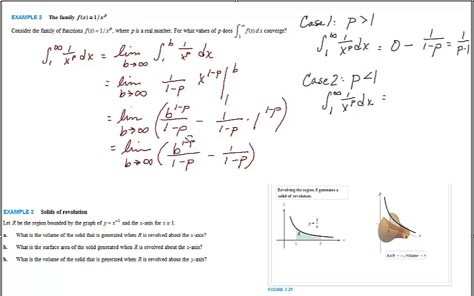Because this value here would just keep getting bigger and bigger, the more negative that it was, which means that's going to diverge, and we would say that this thing would then go to infinity.